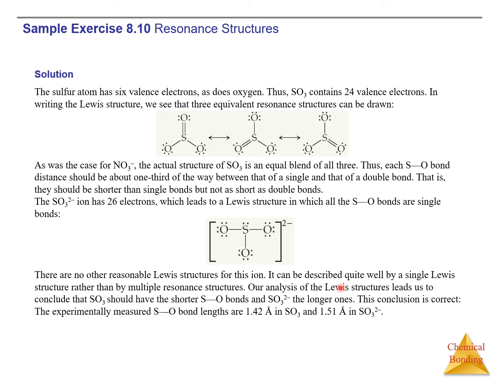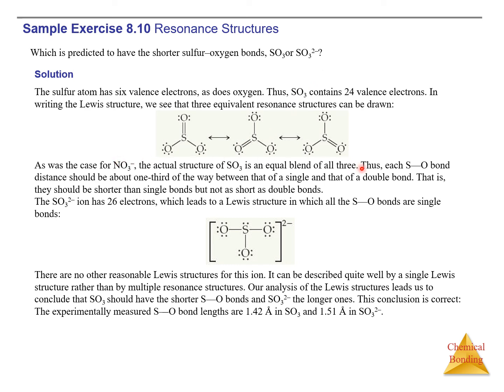And again, we can see this sample exercise, where the sulfur atom has 6 valence electrons. Now the question: what is predicted to have the shorter sulfur-oxygen bonds, SO3 or SO3 2-?